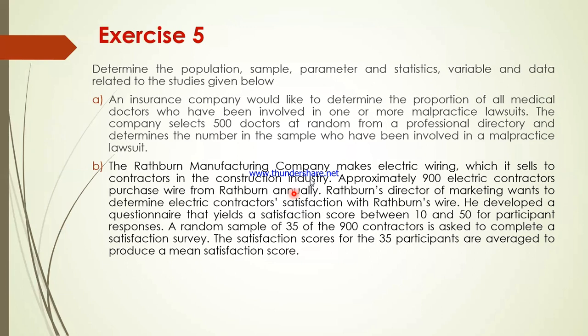So accordingly, the population is 900 electric contractors who purchase wire annually. From the given scenario, you have to identify clearly. Then for the sample, here we are selecting 35. So 35 electric contractors randomly selected from the 900 electric contractors who purchase wire from Rathburn annually.